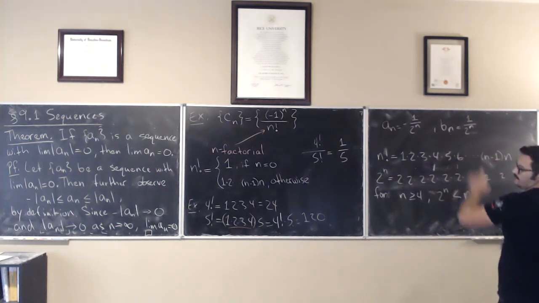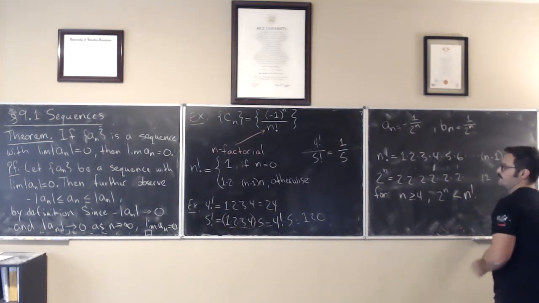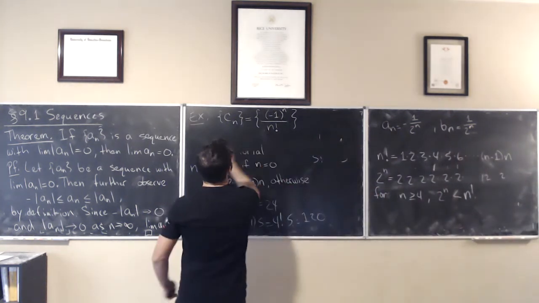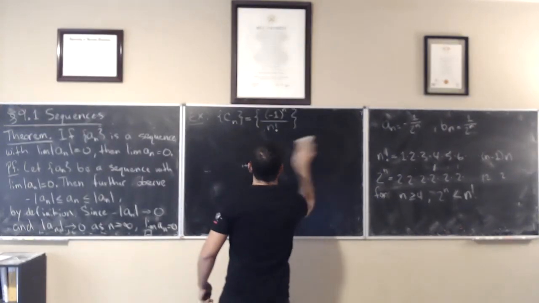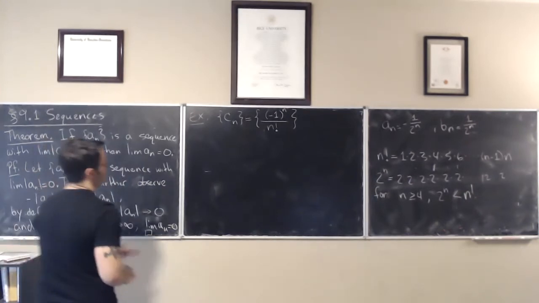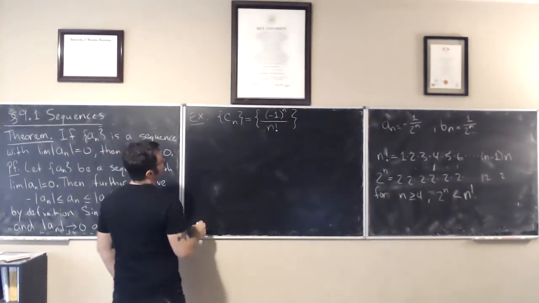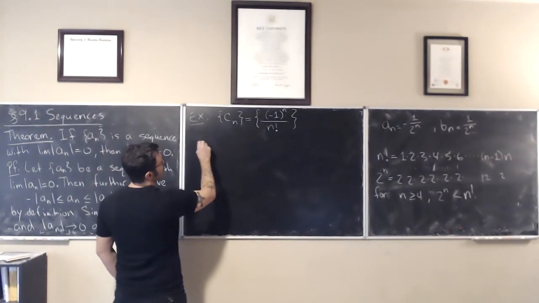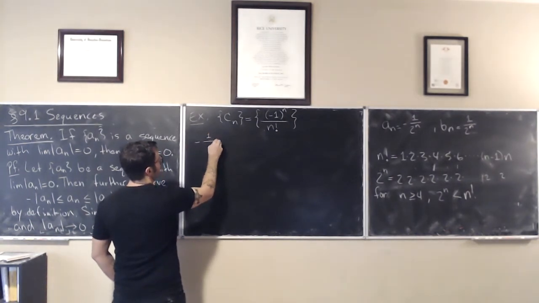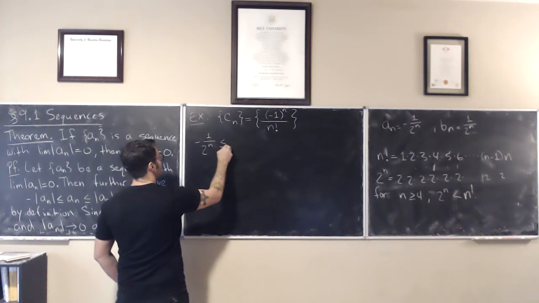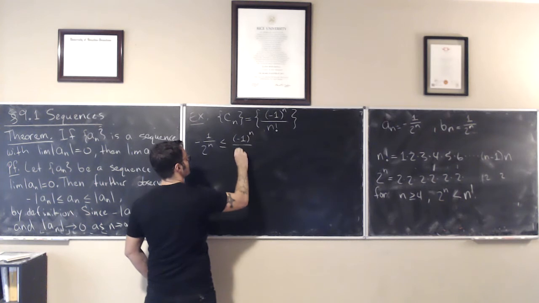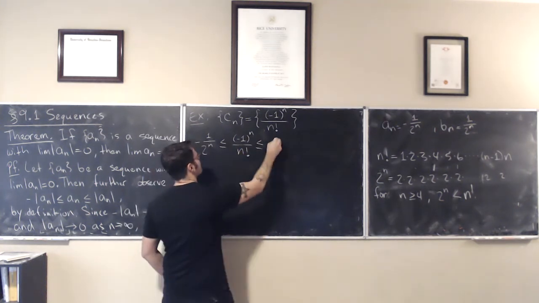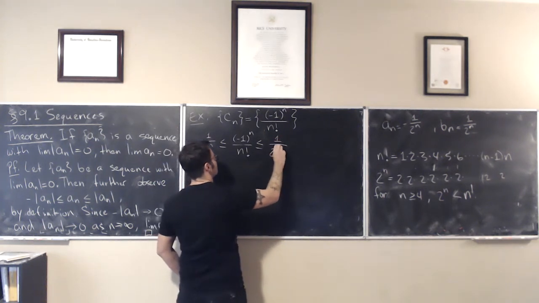Which means if I chose these two sequences in comparison with this sequence, I see that negative 1 over 2 to the n is less than or equal to negative 1 to the power n over n factorial, which is less than or equal to 1 over 2 to the n.